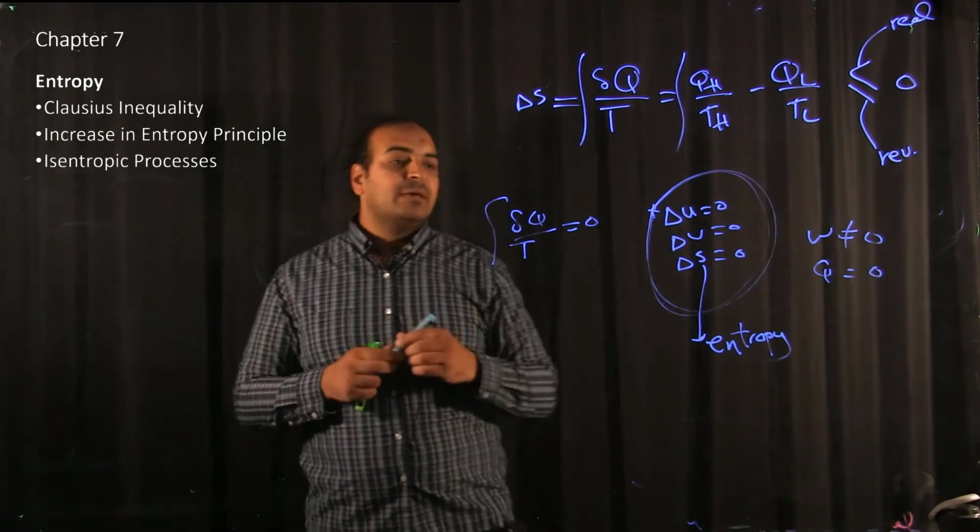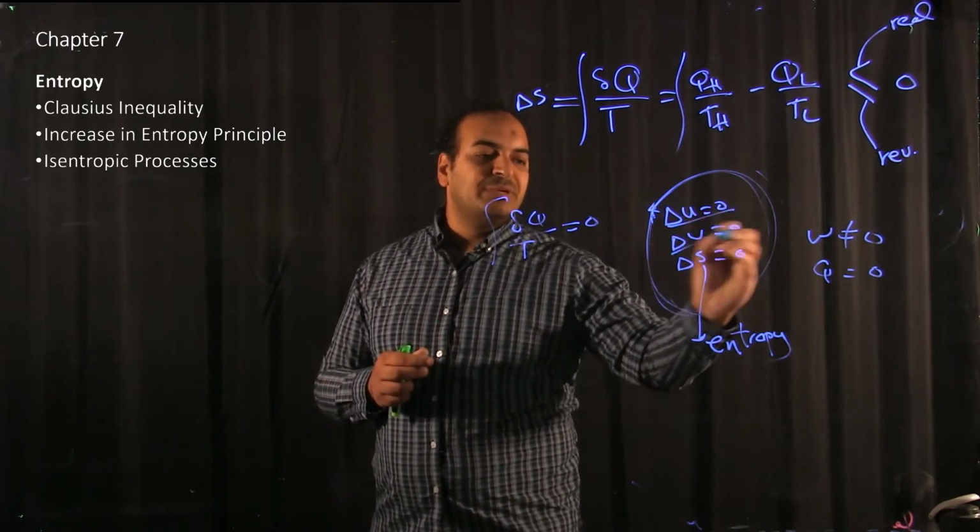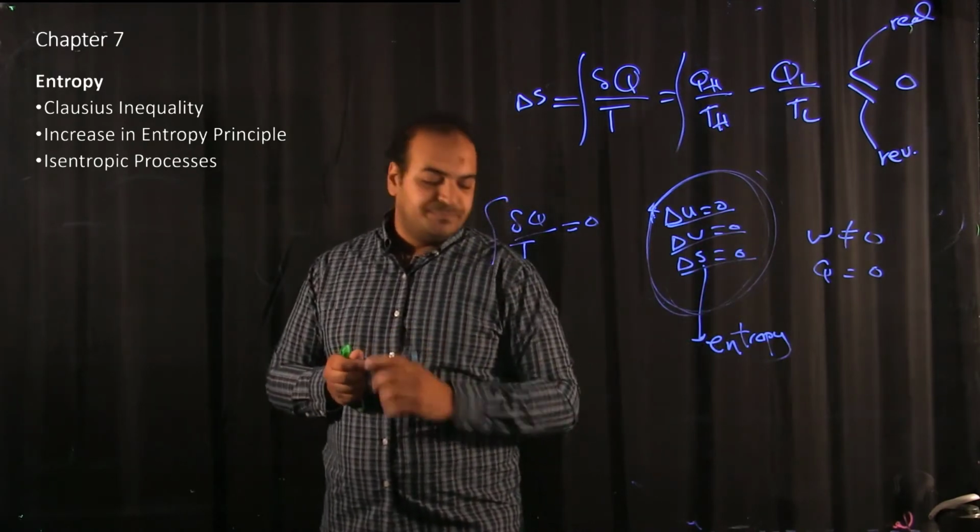Remember, I will say it now, in the exam: when you start at a point and go back to the same point, which is a cycle, the change in any property is 0.